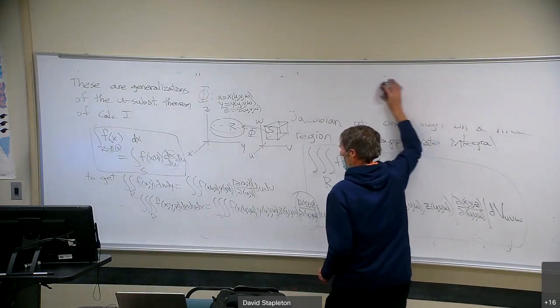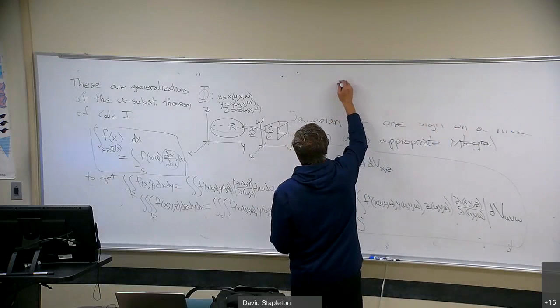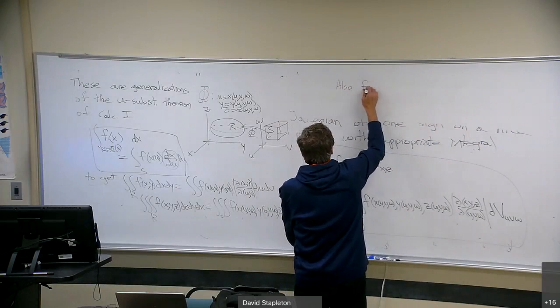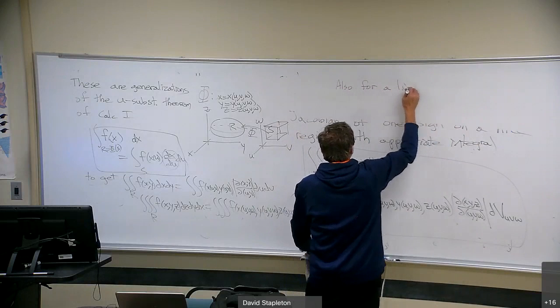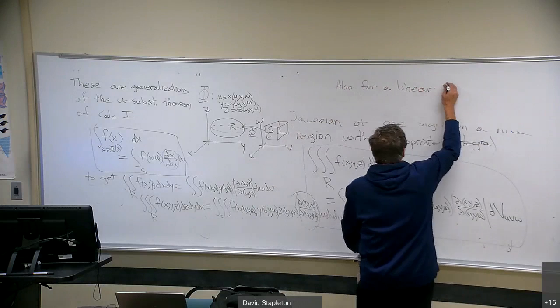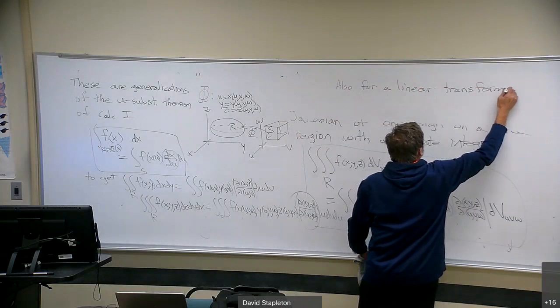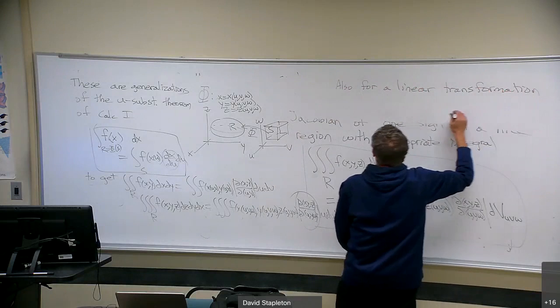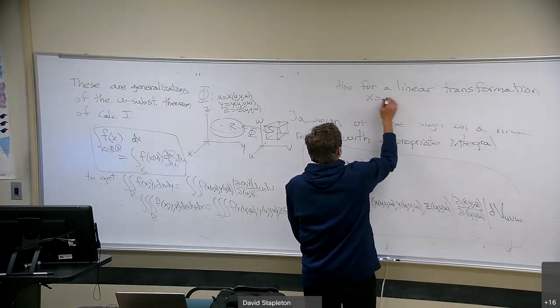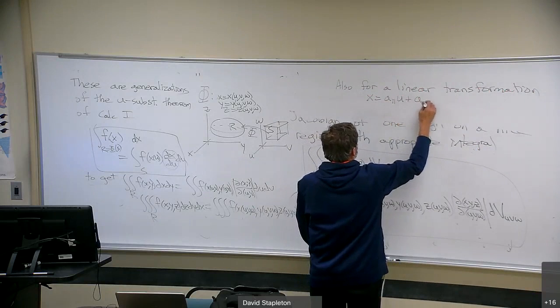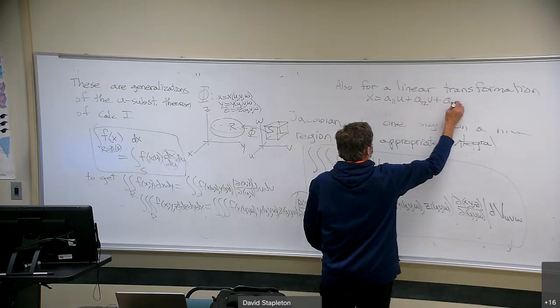We could say also that for a linear transformation, where you just use numbers times the variables, so it's x equals a number times u plus a number times v plus a number times w.